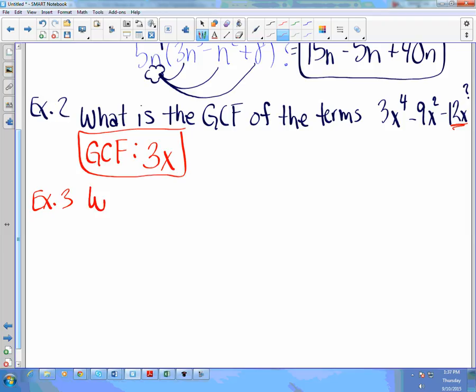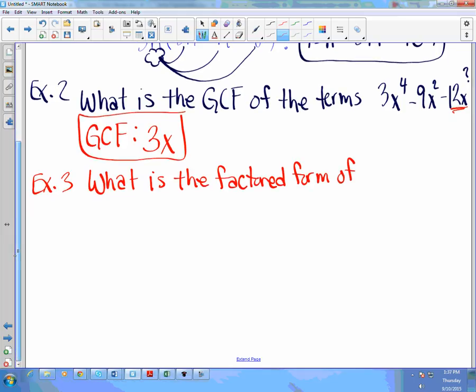Alright, question. What is the factor form of 9x to the 6th plus 15x to the 4th plus 12x squared?